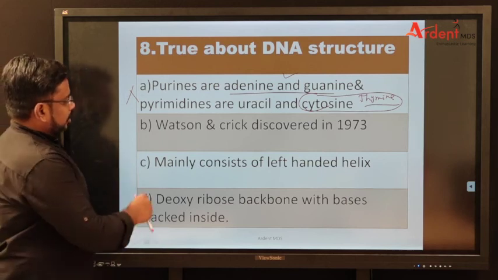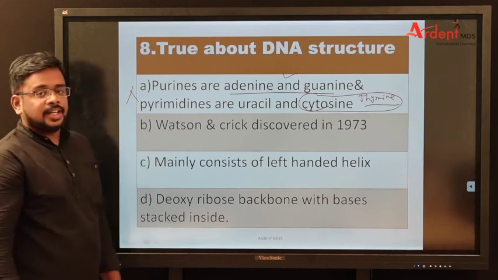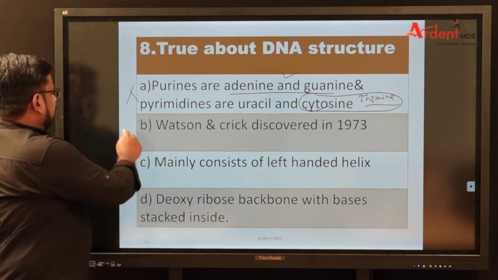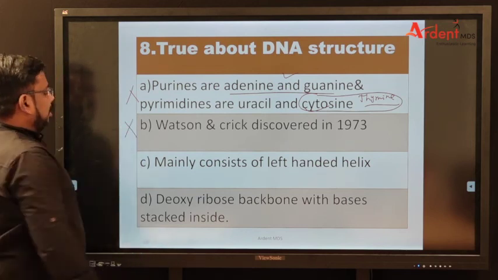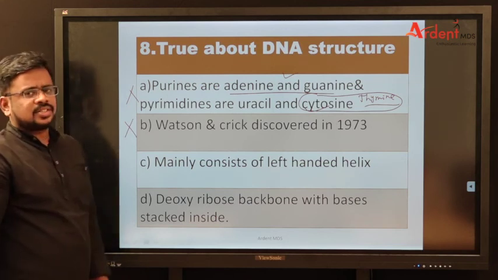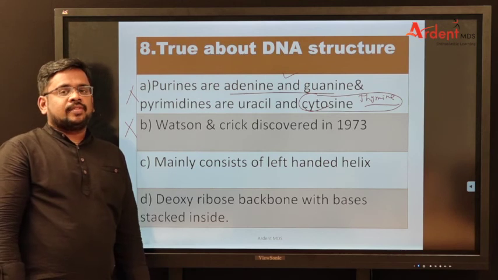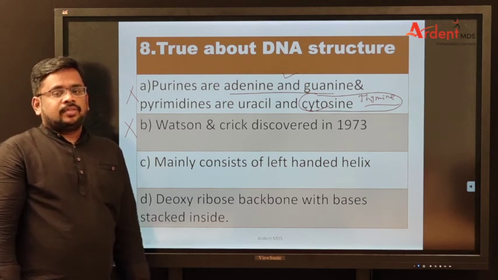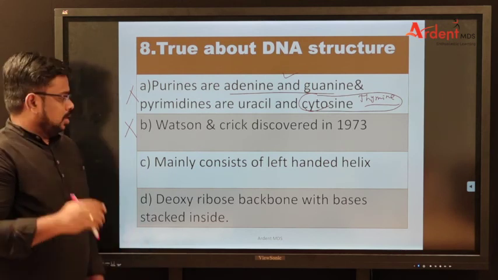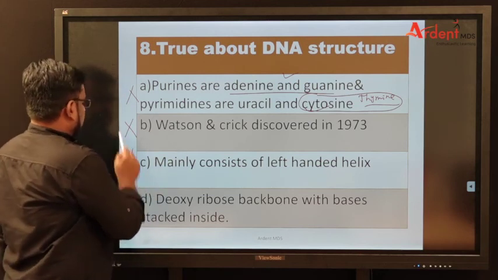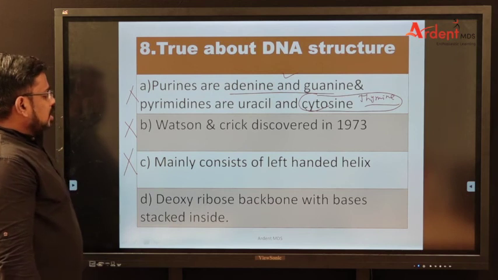2nd option. Watson and Crick discovered the DNA structure in 1953, not 1973. So we can eliminate this. Mainly consists of left-handed helix. The original structure of DNA which was given by Watson and Crick in the year 1953 belongs to the right-handed helix, not left-handed helix. So you can eliminate this.